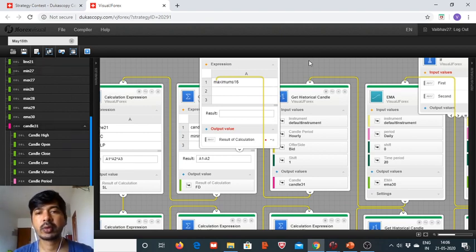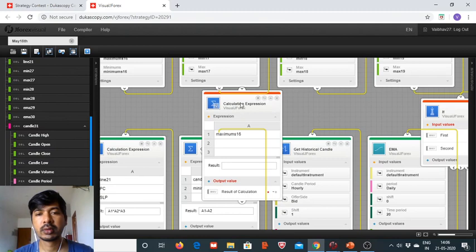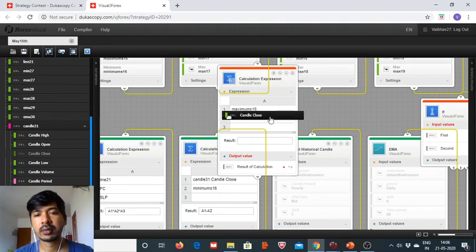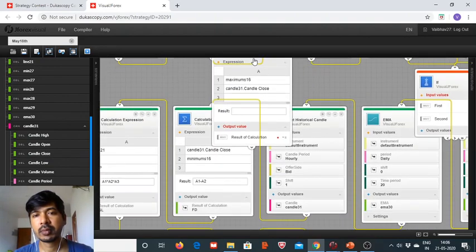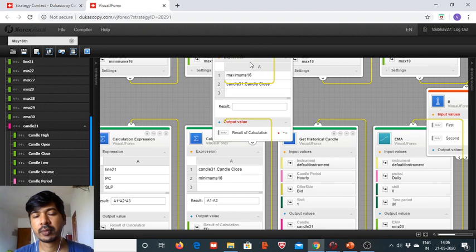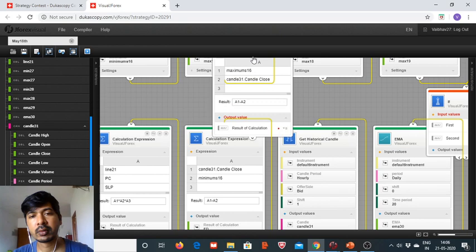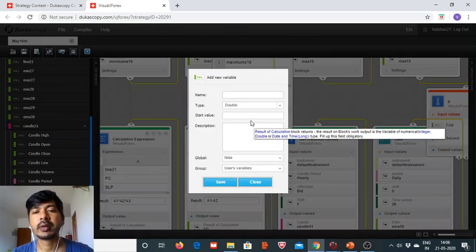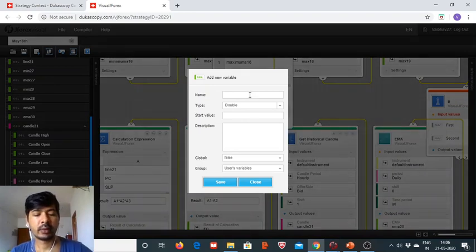So we need to now make sure maximum A1 minus A2, and the result will be the fractal difference 1 or fractal difference 2.